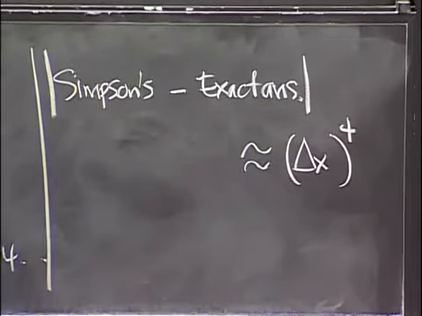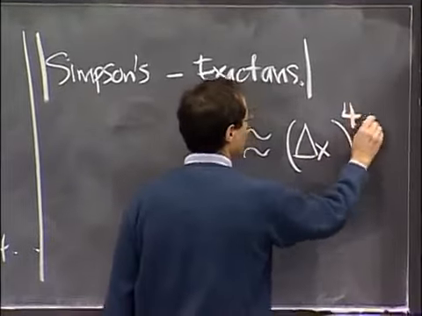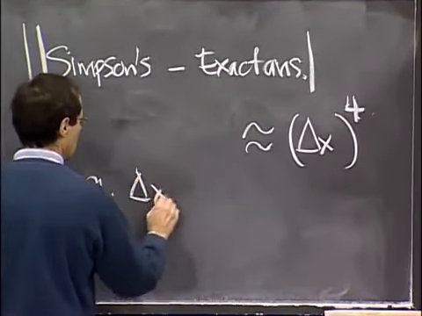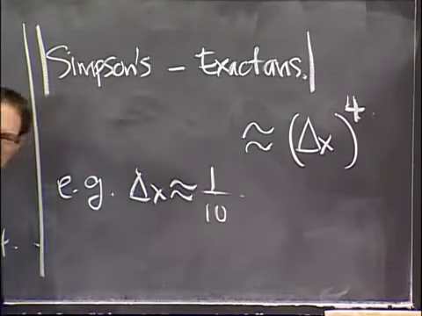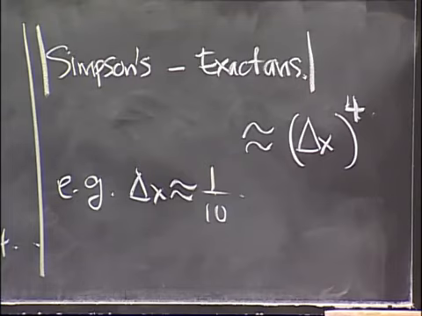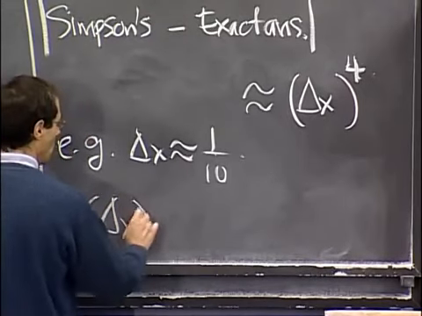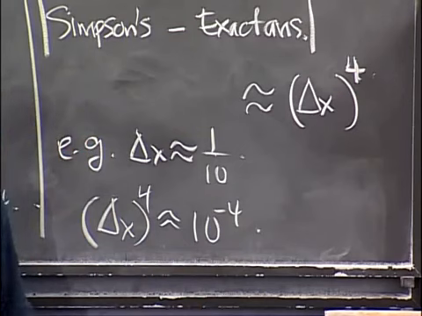That's really the way it behaves, which means that if delta x is about a 10th, so if we had divided this up into 10 intervals, which we didn't, then you could expect that the error would be about 10 to the minus 4th. In other words, 4 digits of accuracy here.